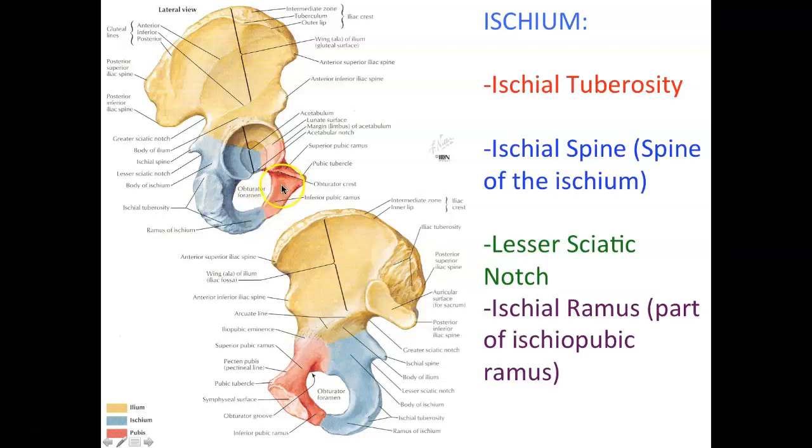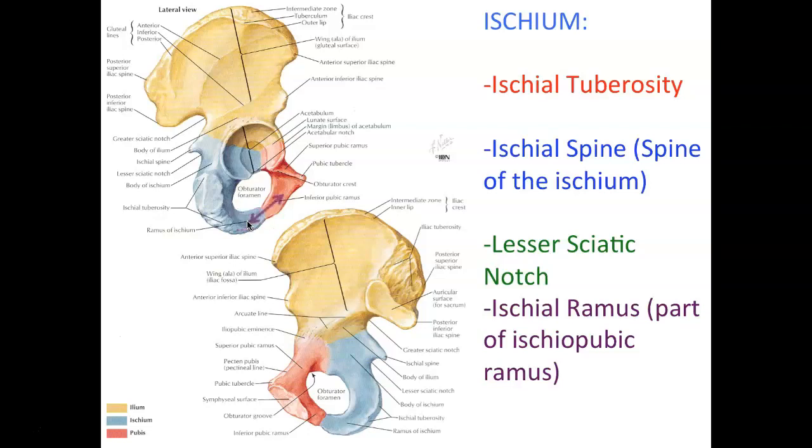When they come together, this entire thing is known as the ischiopubic ramus. If I have a mark here, more on the ischial side, you would identify this as the ischial ramus, because this is the ischial part of the branch of the ischiopubic ramus. So there's your ischial ramus.